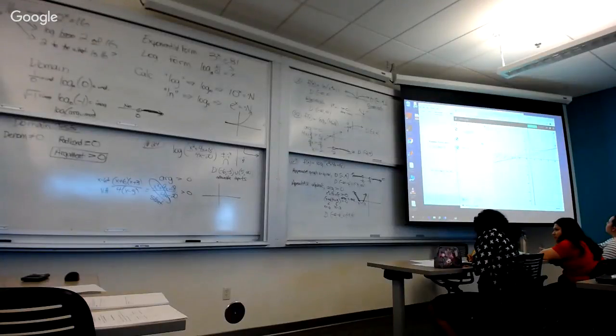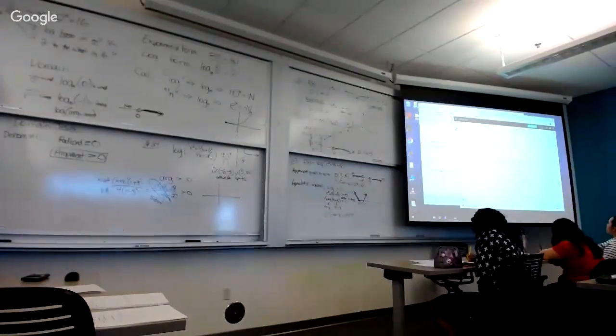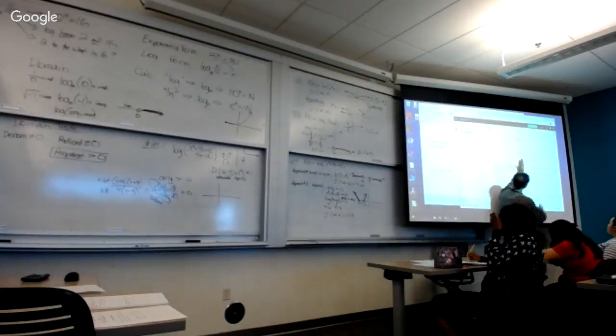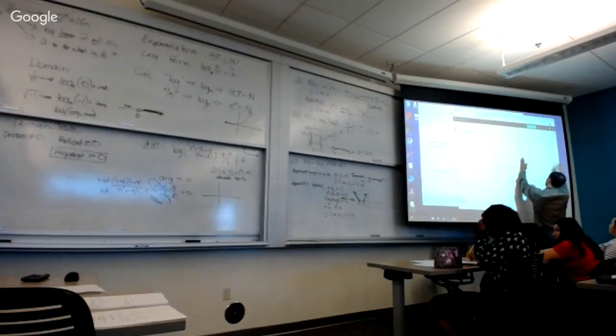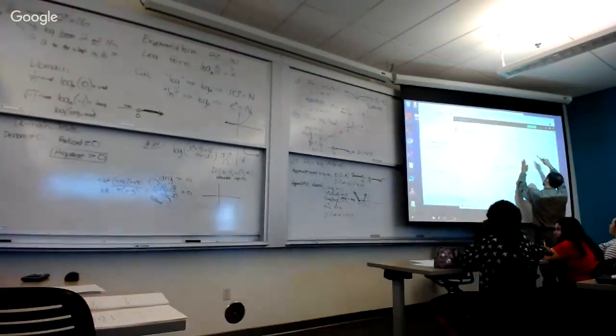We just need to ask ourselves, when is the graph above the x-axis? So I'm going to turn off my vertical asymptote and my slant asymptote, and let's just ask the question, when is it above the x-axis? So first of all, over here it's above. So what is that from? 5 to infinity. So 5 to infinity, it's above.